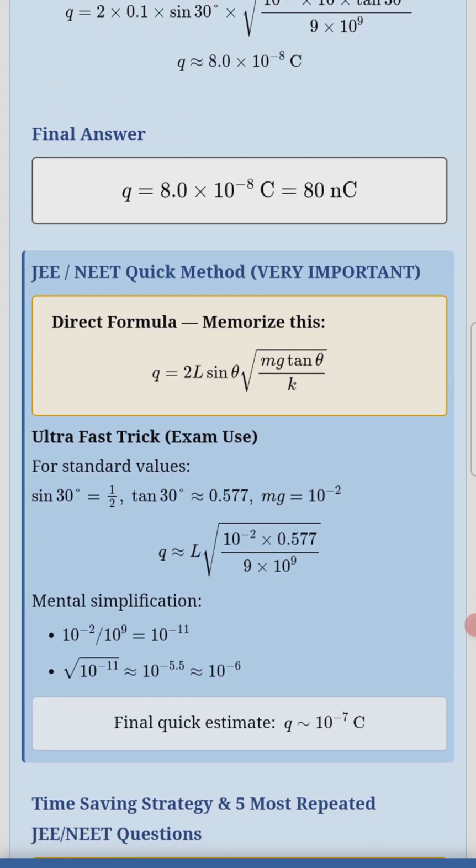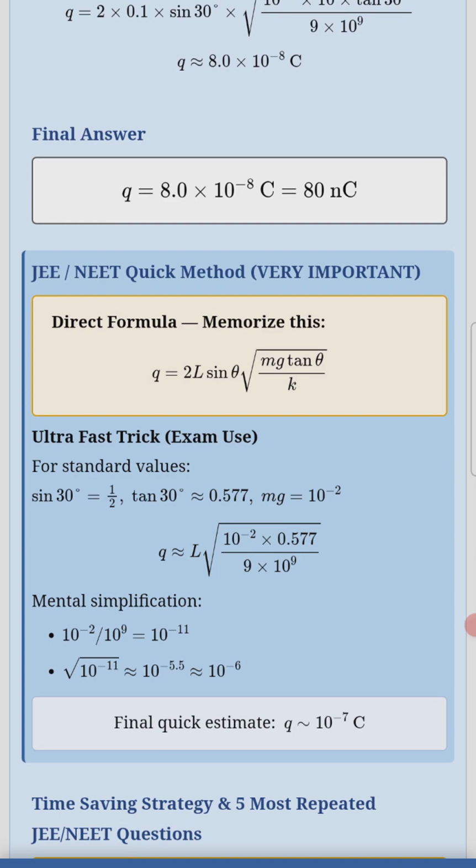NEET quick method, very important. Memorize the direct formula. q equals 2L sine theta, times the square root of mg tan theta divided by k. Ultra fast trick for exam use. For standard values, sine 30 equals 0.5, tan 30 approximately 0.577, mg equals 10 to the minus 2.